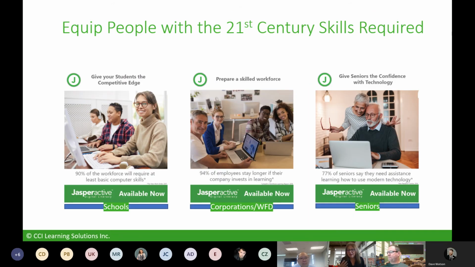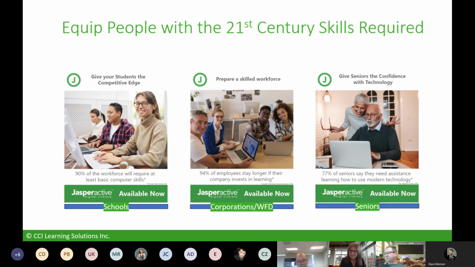So we identified quickly in the years with CCI Learning three key areas, or sectors, if you will, that need to have 21st century skills, in order to equip people with the necessary skills. So schools, of course, we know all of the students have to have the necessary skills to be able to learn online, to be able to use technology, to be able to integrate technology.